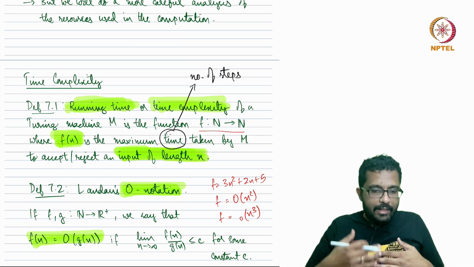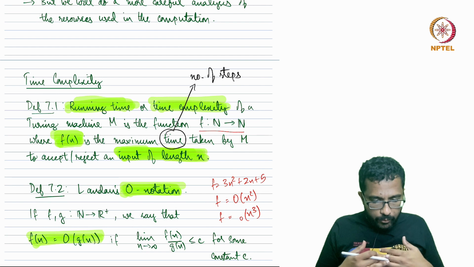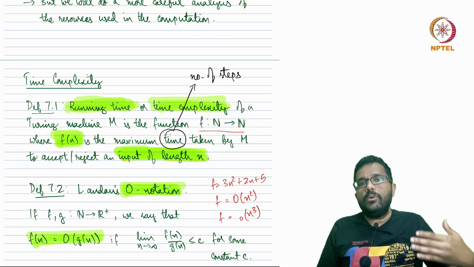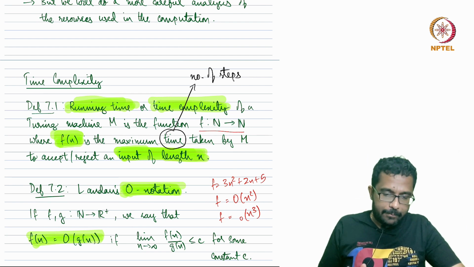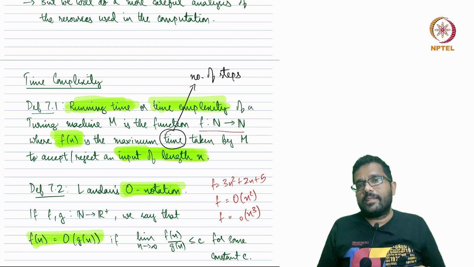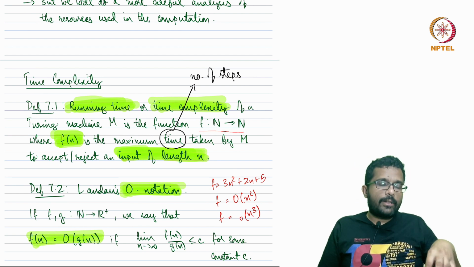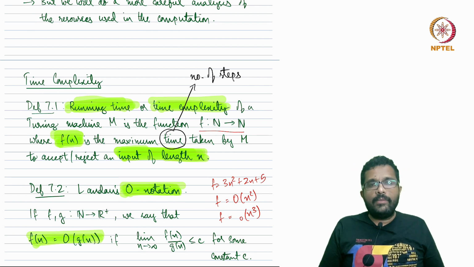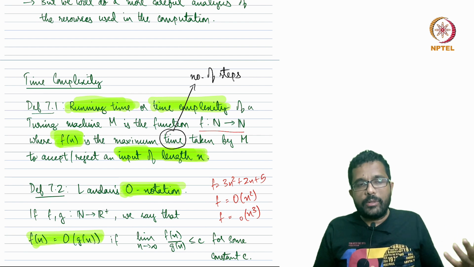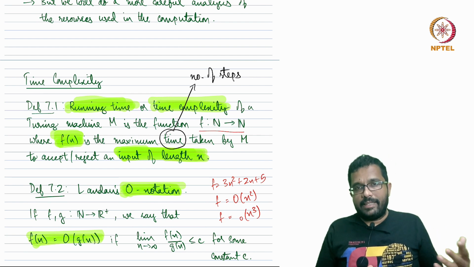So time means the number of steps needed. We have how many steps are needed to get to the decision. That's what I mean by time here. So running time means we are measuring it in terms of number of steps. Now how that number of steps relates to the actual time itself depends on how the Turing machine is run. But Turing machine being an abstract model, we don't have anything like that.